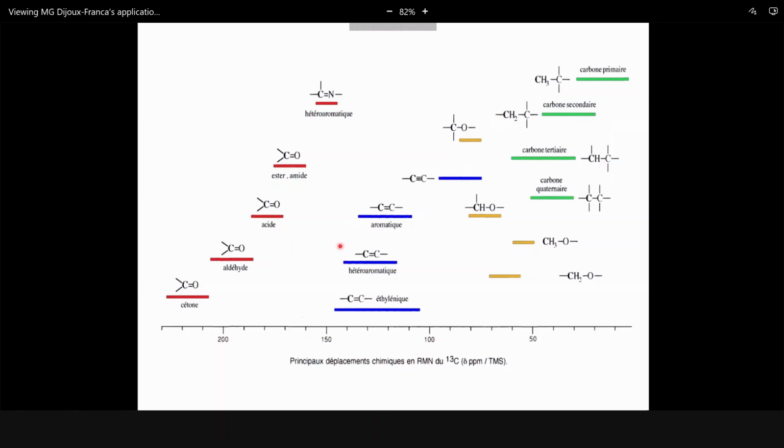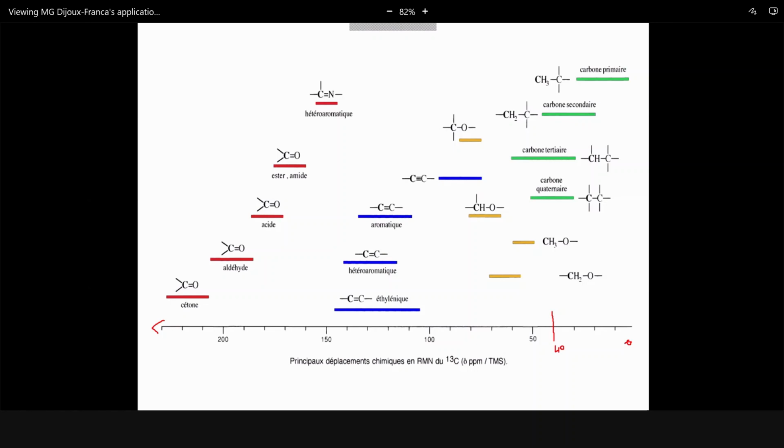Here is the table where it would be great if you could have some values in mind. For example, you can see, well, the scale is going like that. And it's the same way that we observe for the proton. That means that if you have an aliphatic molecule, the carbon will be between 0 to 50, 40, let's say.